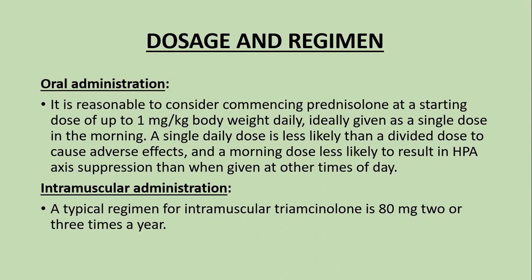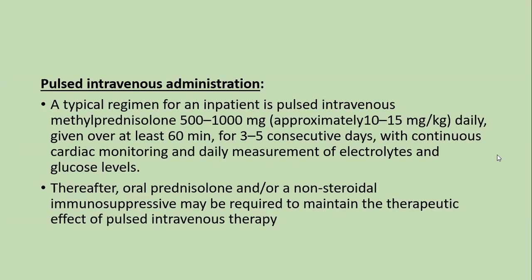Then intramuscular administration. The typical regimen for intramuscular triamcinolone is 40 to 80 mg, 2 to 3 times a year. Pulse intravenous administration.